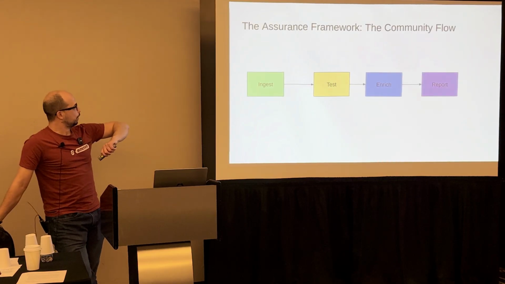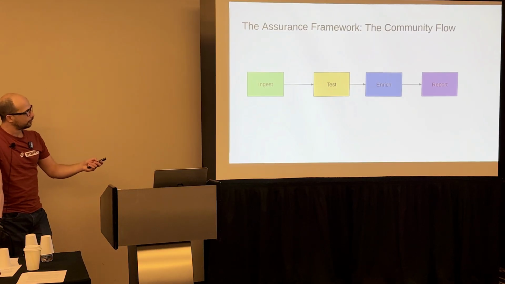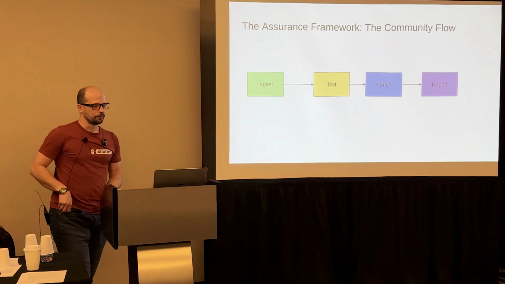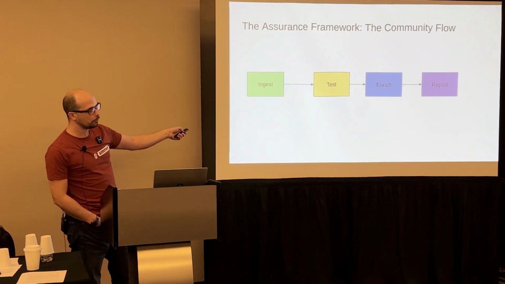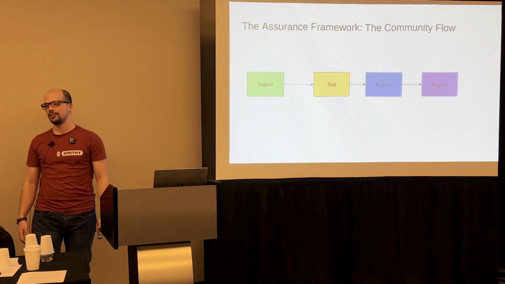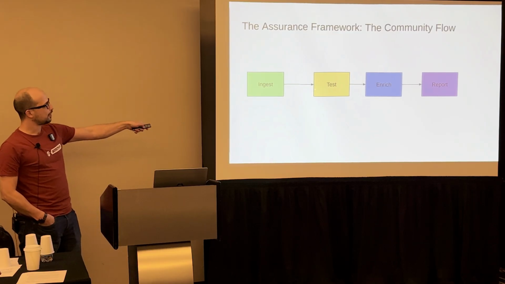So next one. So here's an assurance framework, what I would like to call the community flow, because this is what I propose. Back to the Kubernetes example. Ingest metadata from the cluster. Tell me what's running. Test this metadata.